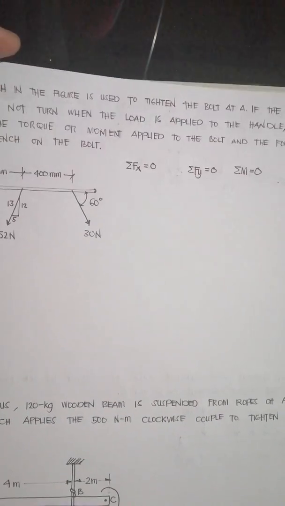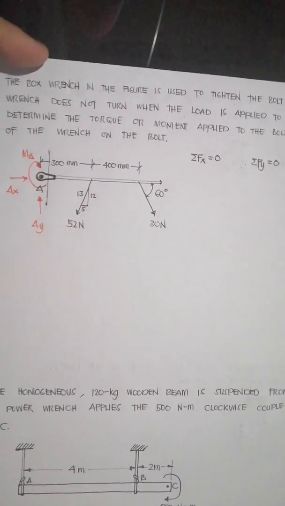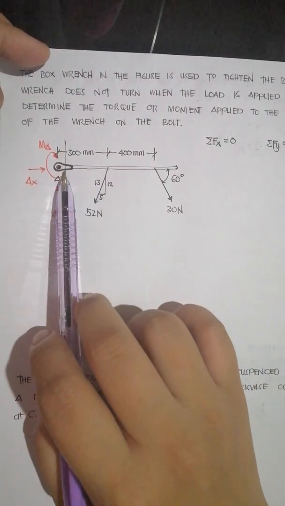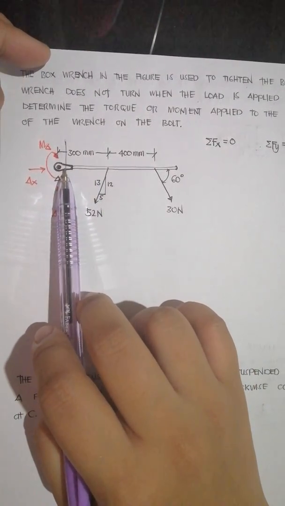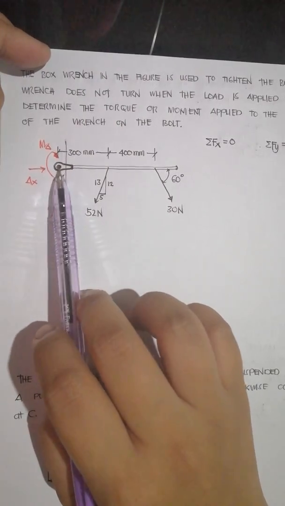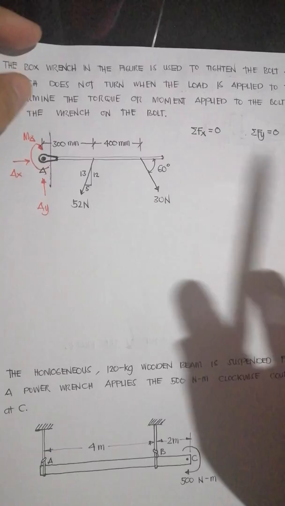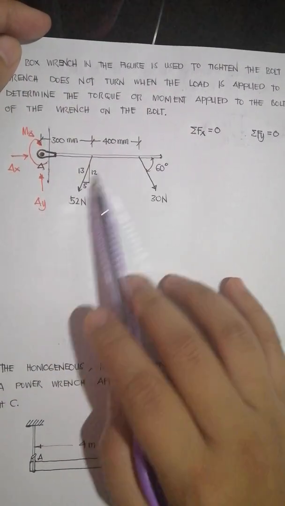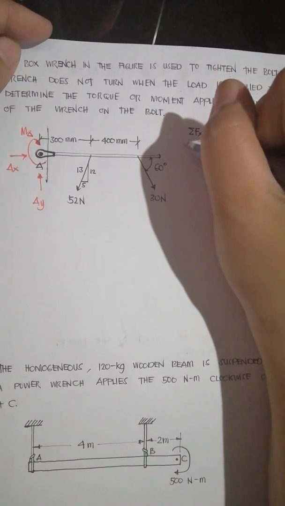We could say that it is in equilibrium because there is no translation and no rotation on the system. For summation of force x equals 0, we sum up all of the horizontal forces. We start with Ax.